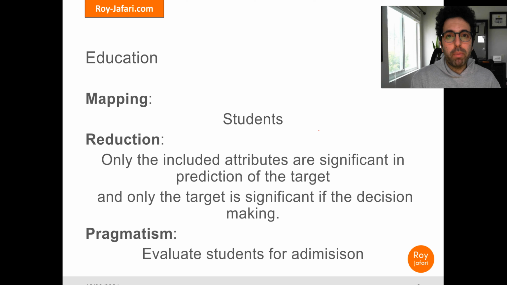So this is an assumption: we are reducing the importance of a student to this target. This becomes the most important attribute. Next to that, these independent attributes are also very important, as opposed to the possible independent attributes that are not in this model.